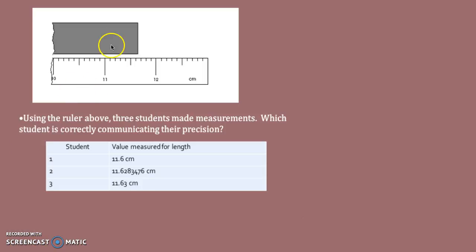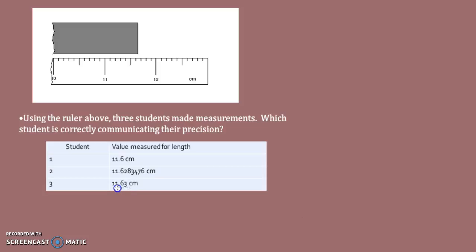Here we have an instance of something being measured in centimeters with this ruler right here, and the question I have for you is, if these three students each took a measurement here, which student is correct in the amount of precision they're using, and why? Hopefully you chose student 3.